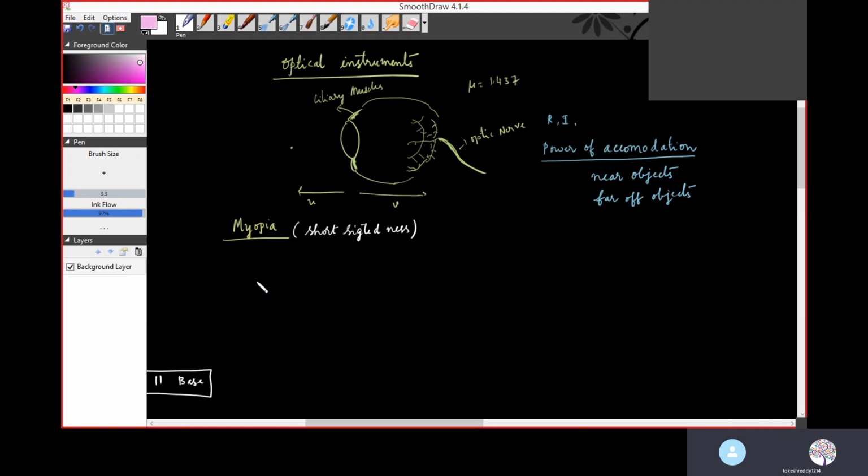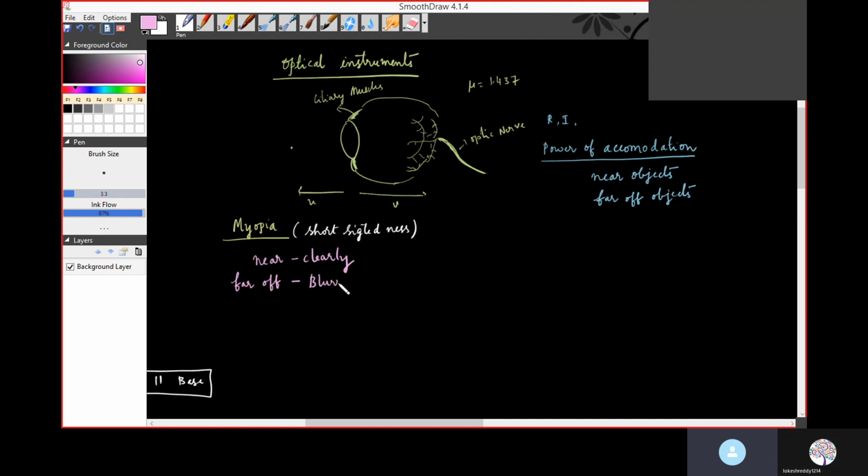That means near objects you can see clearly, but far off objects appear blurred.